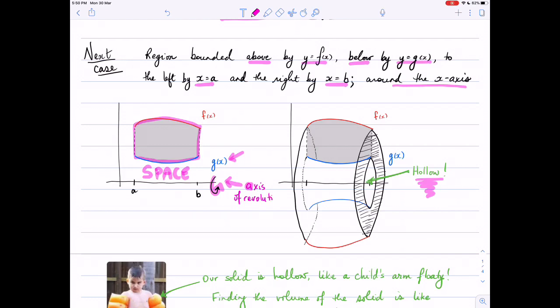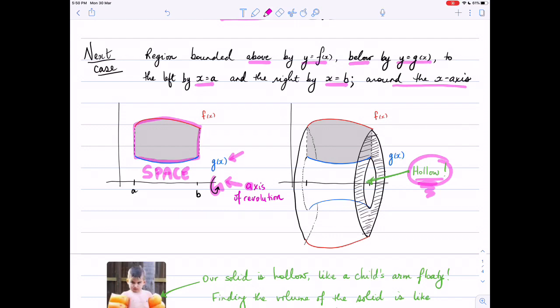If there is space between the axis of revolution and the lower bound, then you get a hollow solid.